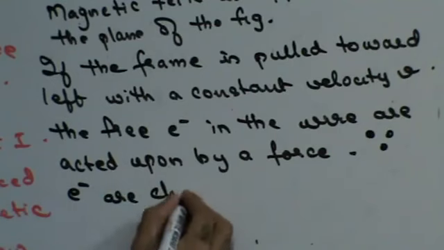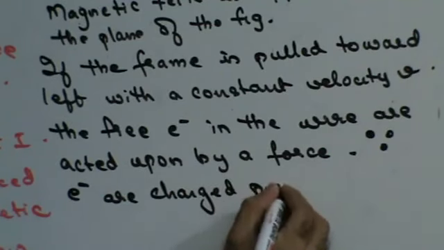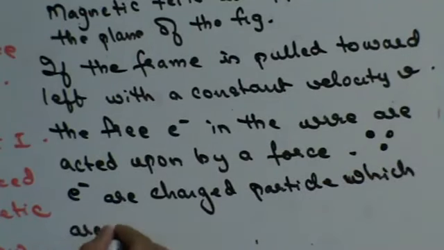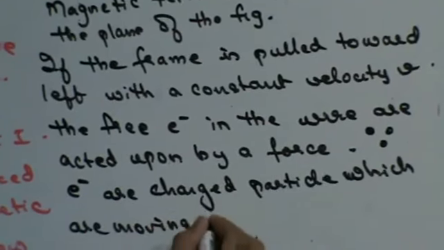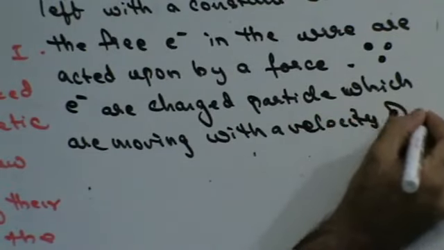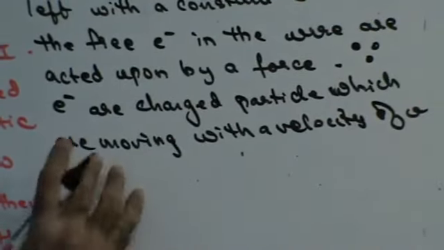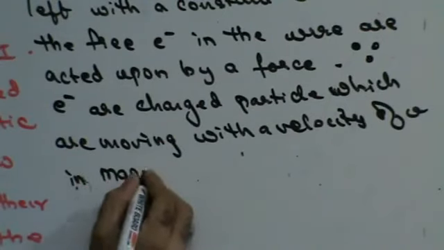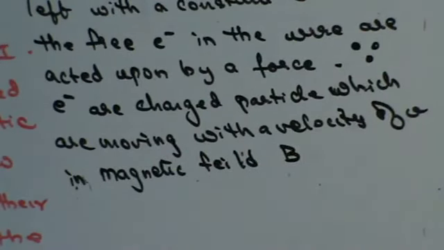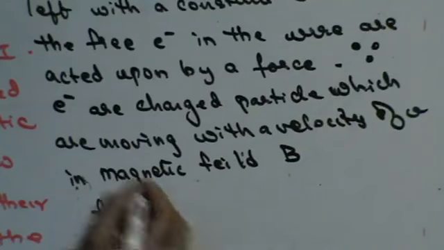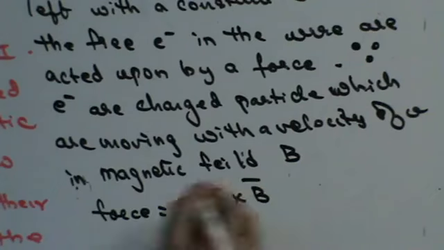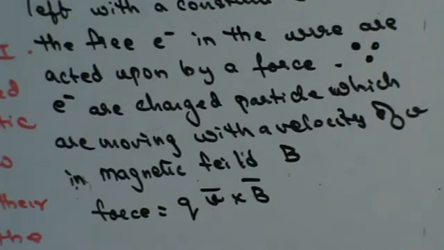Electrons are charged particles which are moving with a velocity of v in magnetic field B. Therefore, I can say that the force will be nothing but qv cross B. That is going to be the force acting on the electrons.